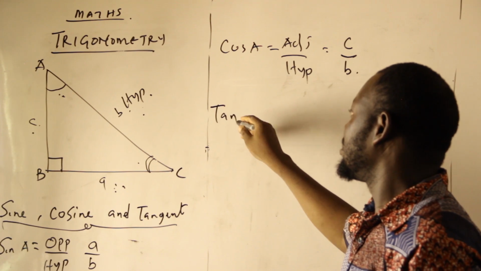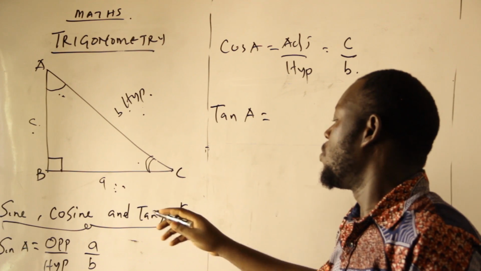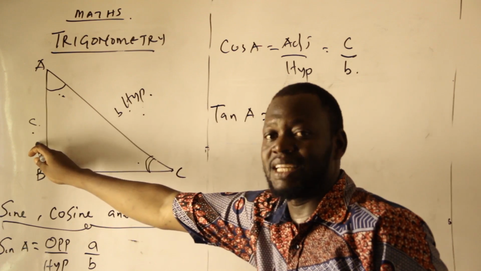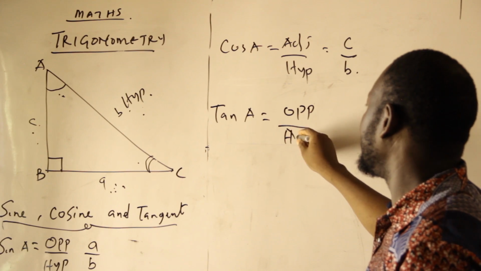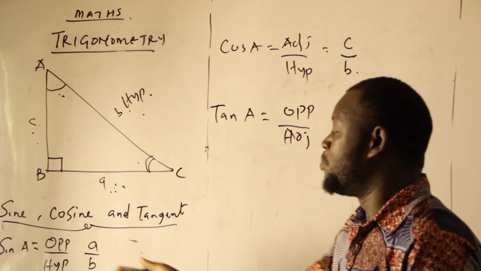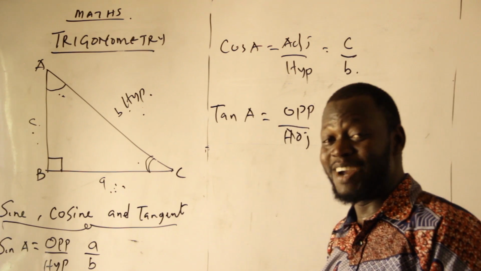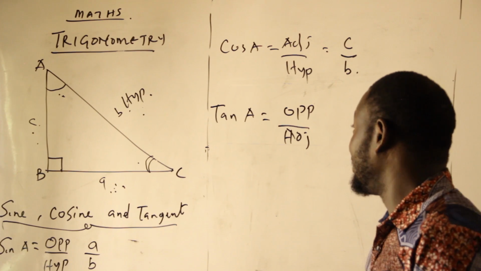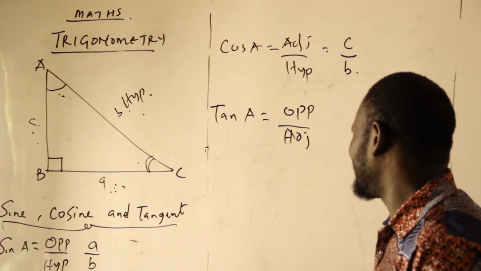And our tan A will be opposite over adjacent. Please pay attention to this. My student will say OPP over HYP, and ADJ over HYP. It was very funny the first time I heard it. Well, I use opposite over hypotenuse, opposite over adjacent. But when David would say OPP over ADJ, I was like, wow, okay, that's good.